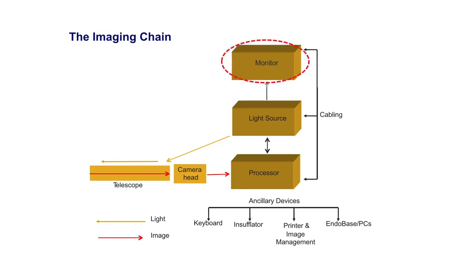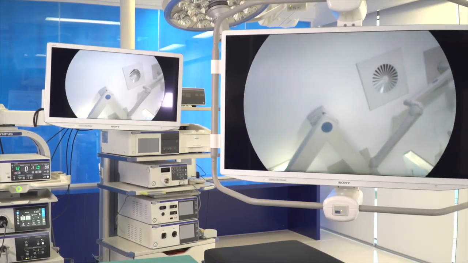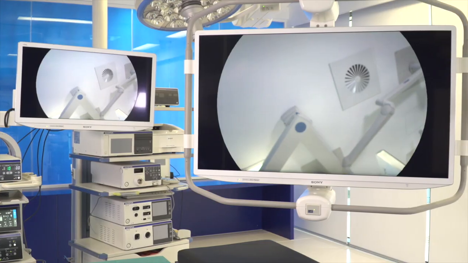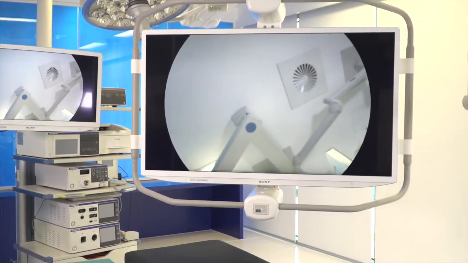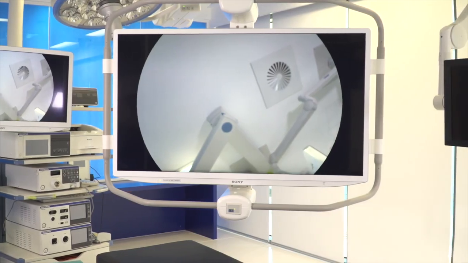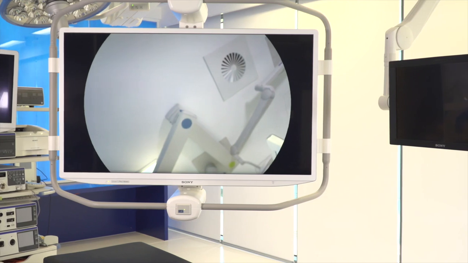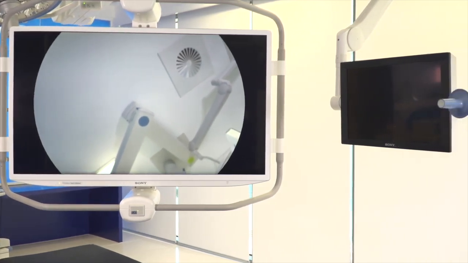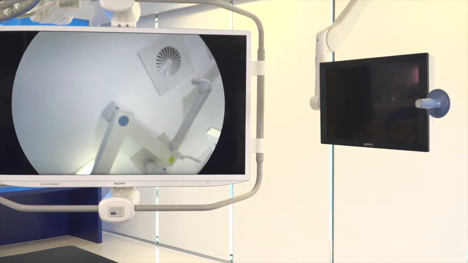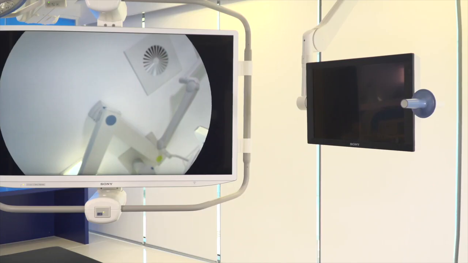A good surgical grade monitor will allow the whole surgical team to stay aware with how the case is progressing. Multiple monitors can be positioned to suit the environment and procedure. Surgical monitors simply display the surgical digital image which they receive from the processor via the cabling. Surgical monitors come in various models, but it's important to optimise your image by picking a monitor that's capable of a resolution and quality that suits the rest of your imaging chain.